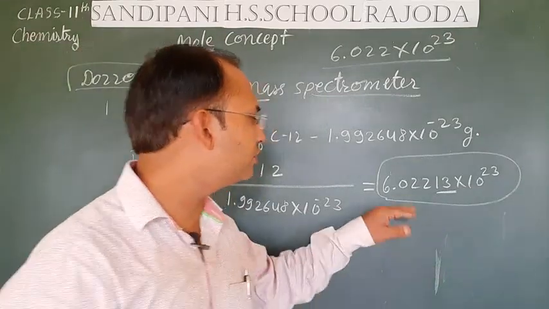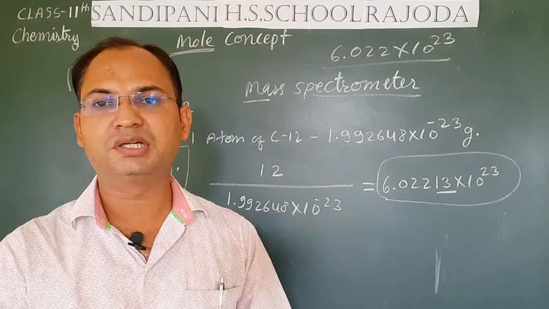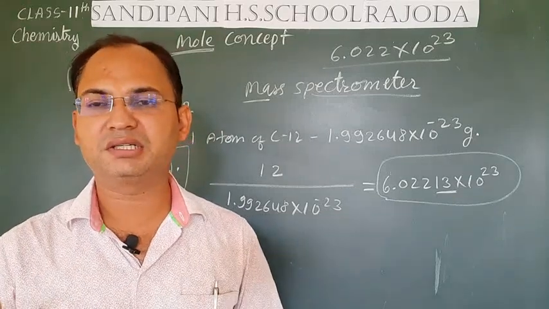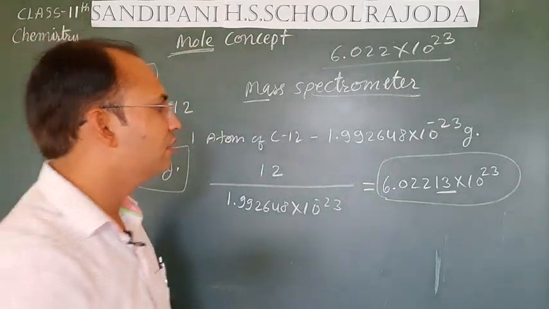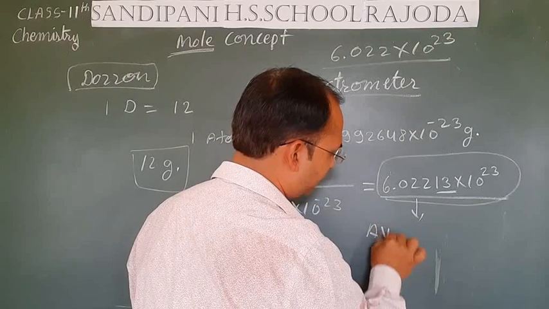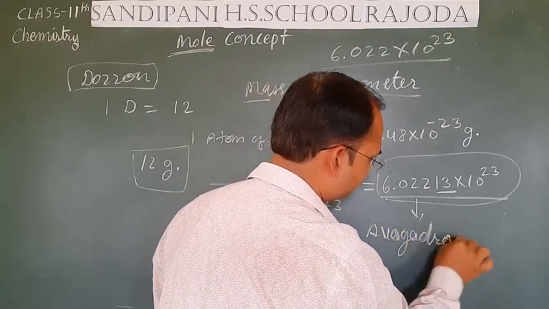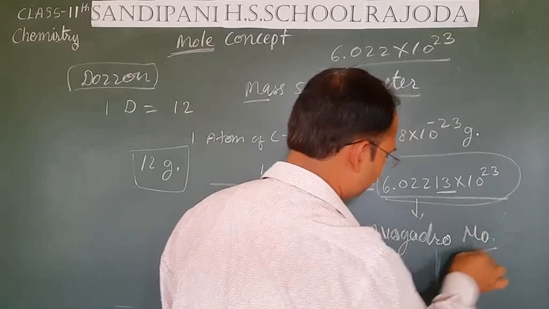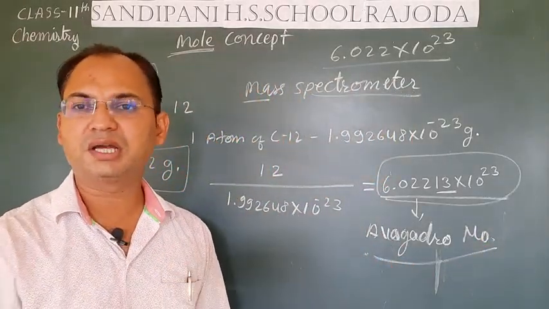This number was first calculated by Amedeo Avogadro, the scientist we generally know as Avogadro. That is why, in honor of Avogadro, this number is also known as the Avogadro number. Sometimes instead of saying 1 mole, we also say Avogadro number.